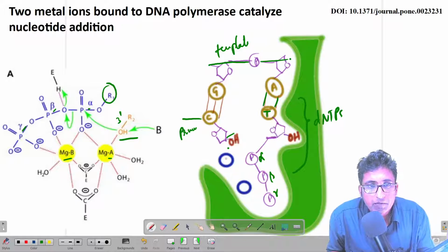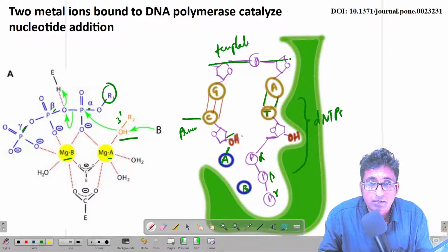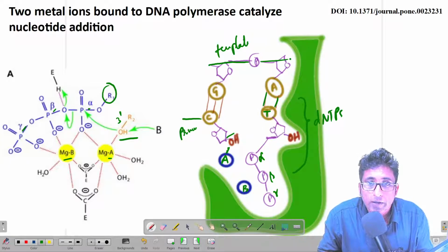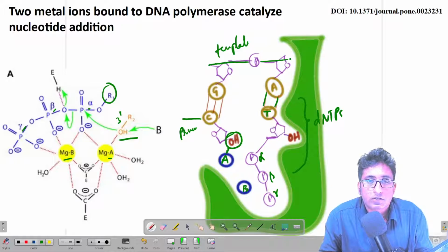So we have metal ion A and metal ion B. Metal ion A is important for activating this OH, along with functional groups of other amino acid residues of DNA polymerase. Basically it would remove the proton and result in an oxyanion.